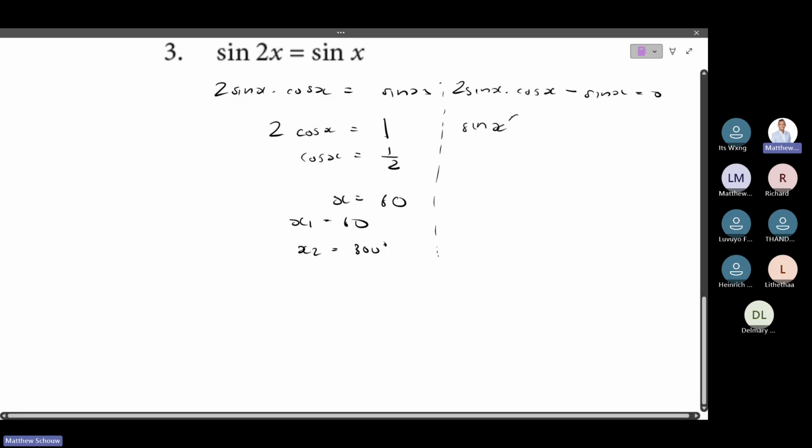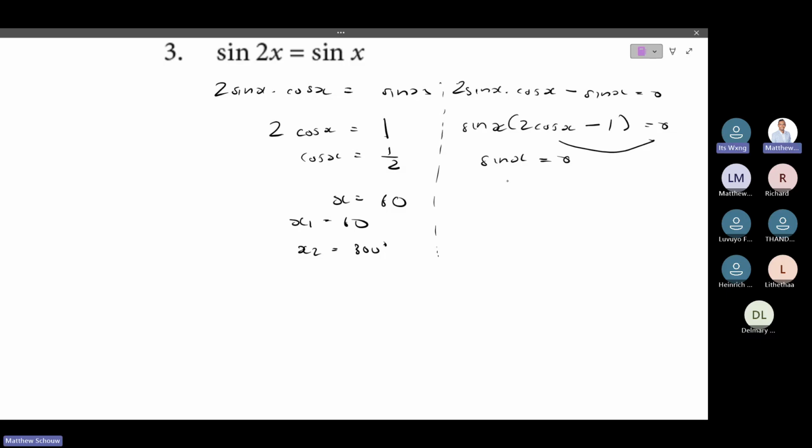Which will be sine x times 2 cos x minus 1. Can you see that now we have this one, which is here? Then we also have sine x equals 0. Are you guys with me? Yes, sir. So then we have more values over here, on the sine x equals 0.